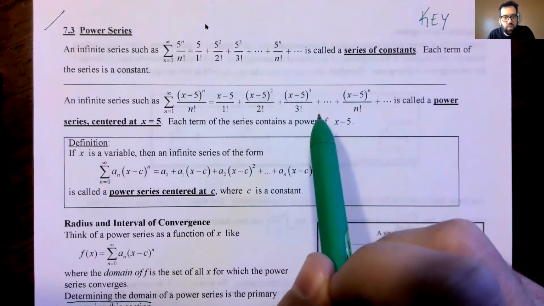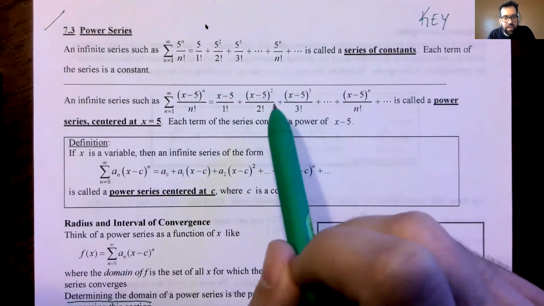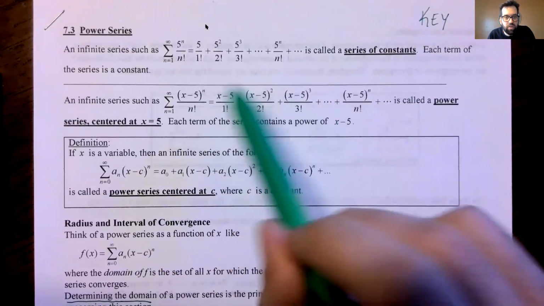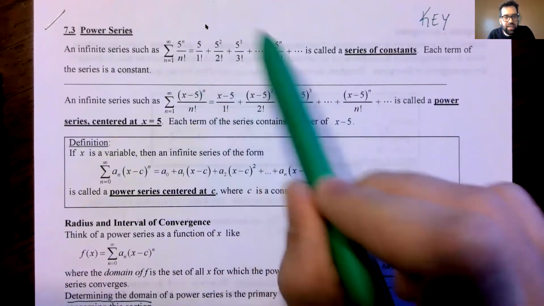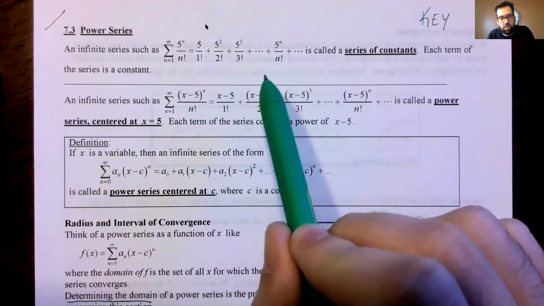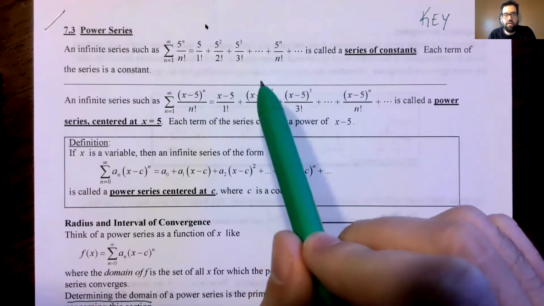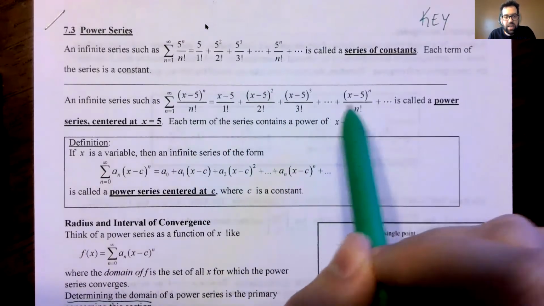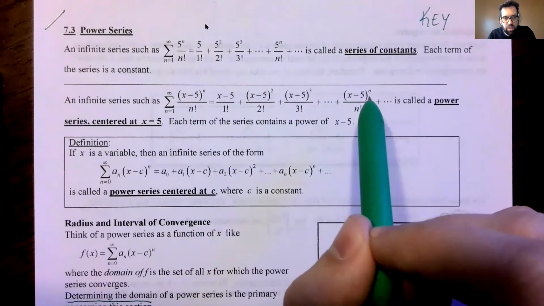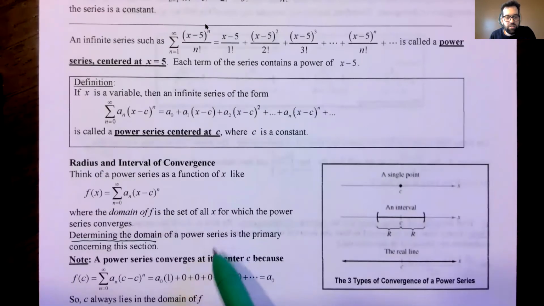So what we want to figure out is what x values can I plug into this power series that make the series of constants that results from it converge. And if I can plug in x and the resulting series converges, then that x value is considered to be part of the domain.